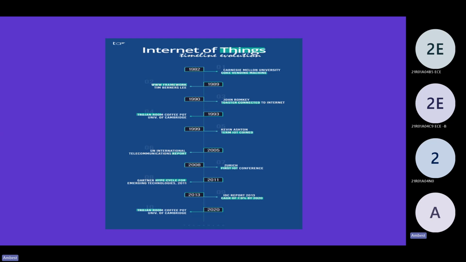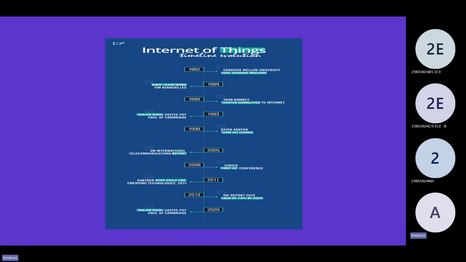He brought in such an idea, and in 2005 the International Telecommunication Union reported on IoT. Then in 2008 the first IoT conference was held, and in 2011 they confirmed there was a huge hype cycle for IoT across technologies. Then in 2013 they reported a 7.9 percent increase, and by 2020 it reached USD 9.9 trillion, with people connected through the internet, a huge scale compared to 2013.